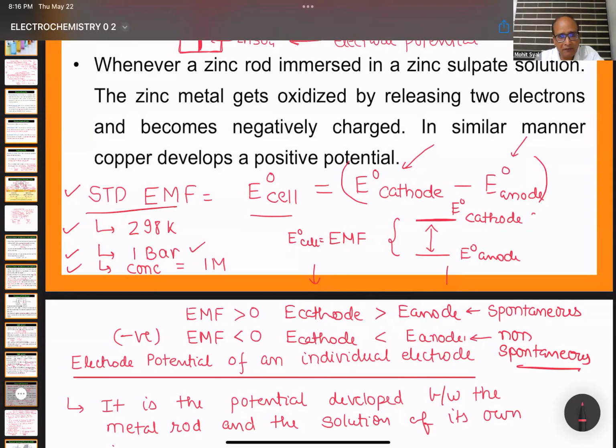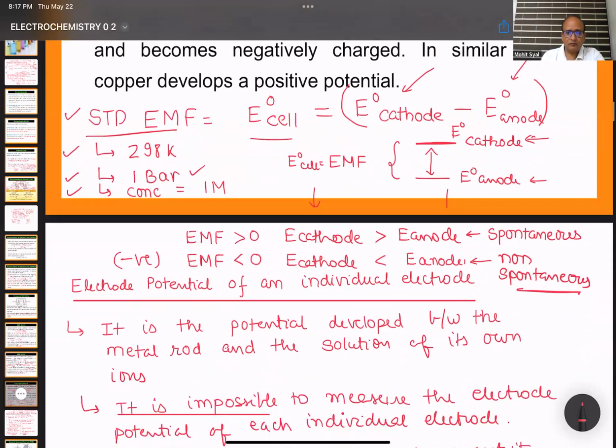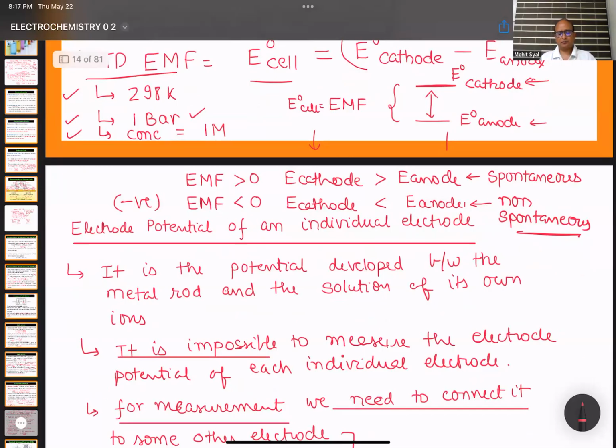So now, Aisha, we need to devise some method by which we can get the electrode potential of cathode and anode. So how to measure them? That was the problem. Is it clear?